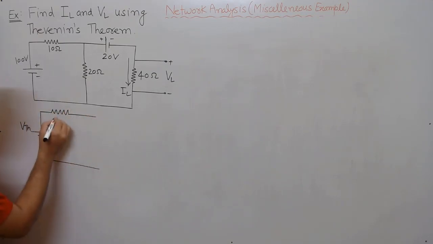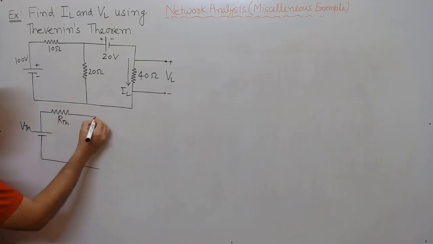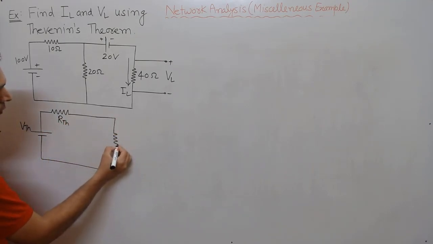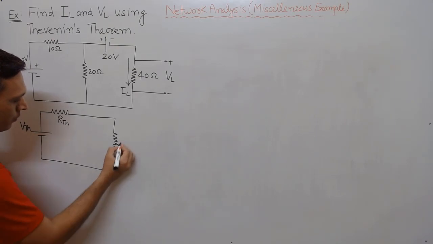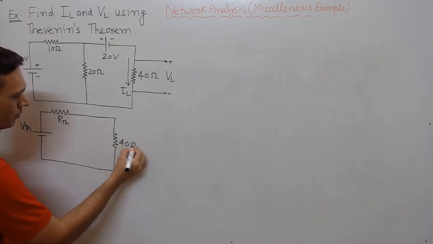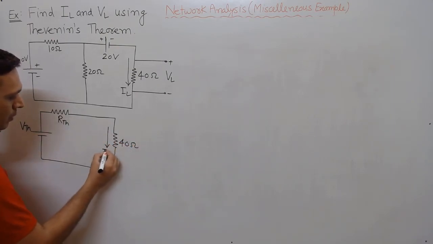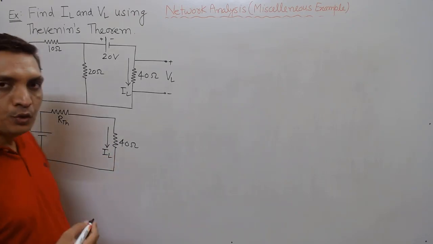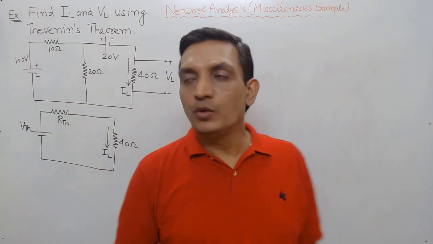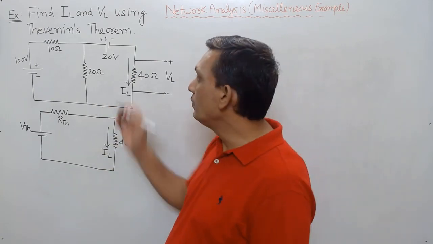RTH is the short circuit resistance, and then that is connected with 40 ohm. This is 40 ohm. So this will be IL. So if you know VTH and RTH, you can easily find IL and VL.